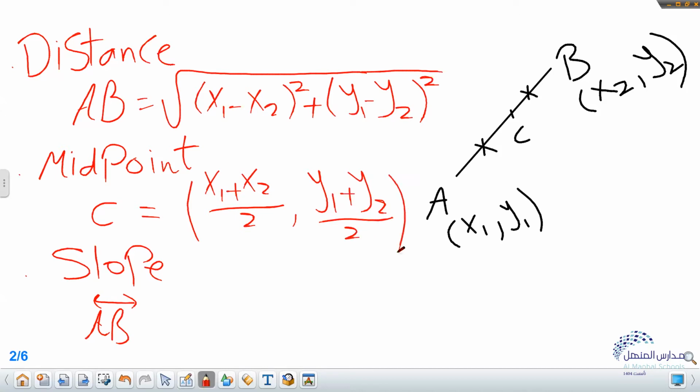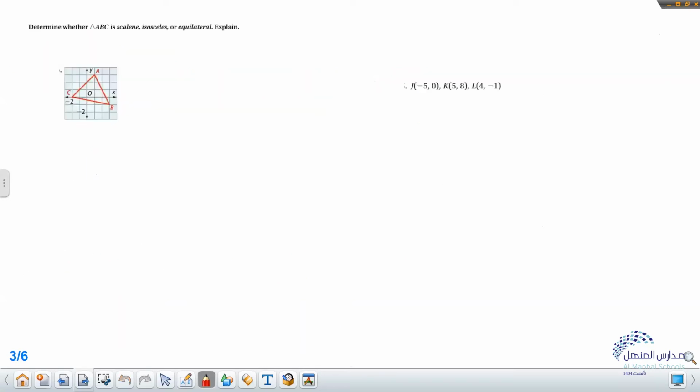This is the midpoint. But the slope of AB equals y2 minus y1 over x2 minus x1, or we can say y1 minus y2 over x1 minus x2. So in the plane you have three rules. Let's go to some exercise.